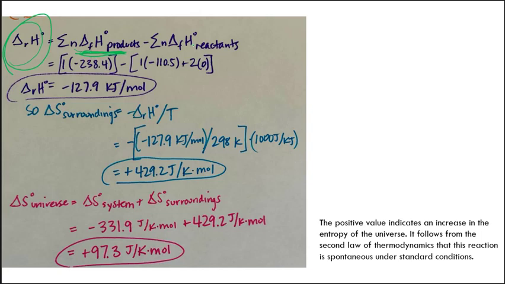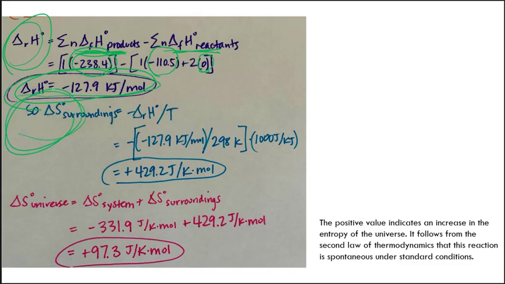So we're going to do products minus reactants. This is the delta H value for liquid ethanol. This is the delta H value for carbon monoxide. That's the delta H value for hydrogen gas. Plugging that in, I got a delta H of negative 127.9. Check those values to make sure that you can find them in the thermodynamic data appendix.